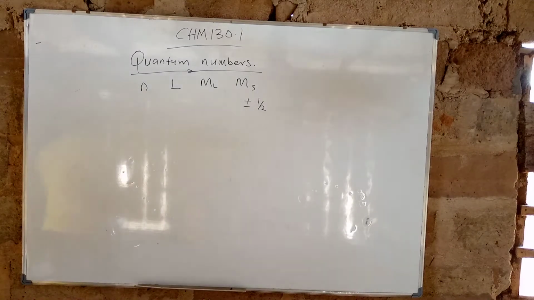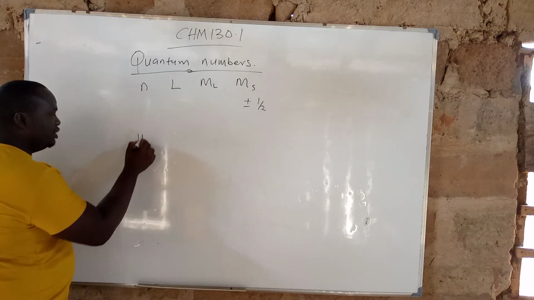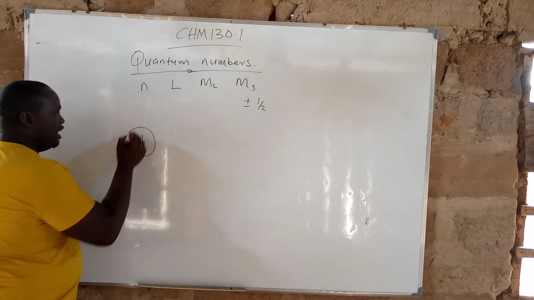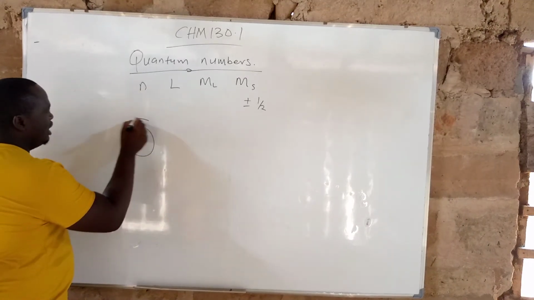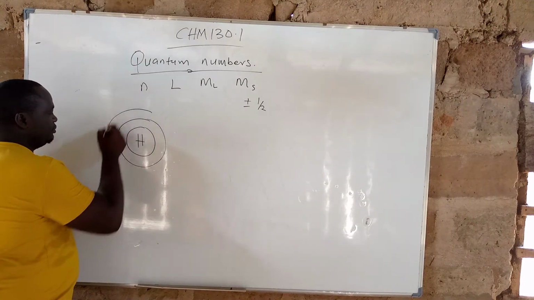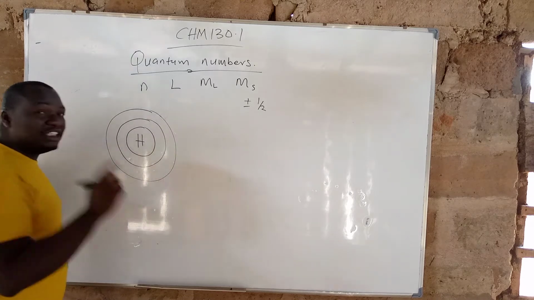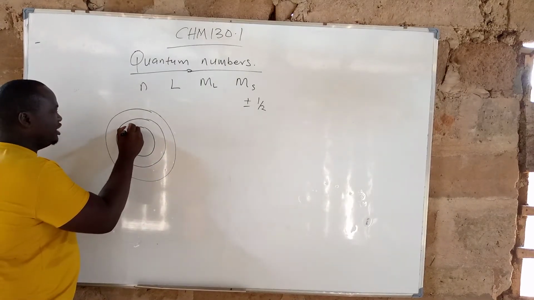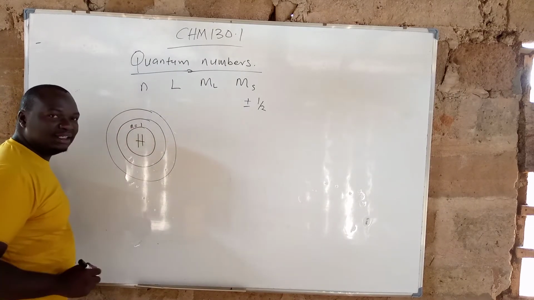Now, let's continue. Say we have hydrogen, as in my video on electronic configuration, and we have shells here. Under principal quantum number, this is the first shell, which is n equals 1.